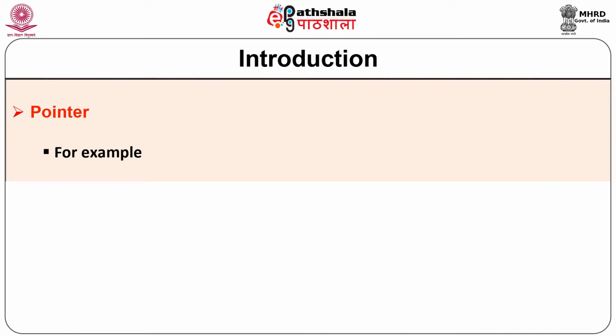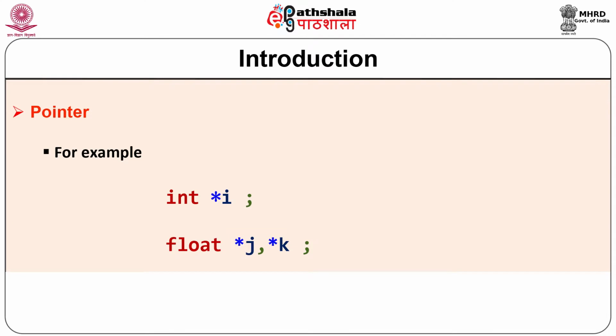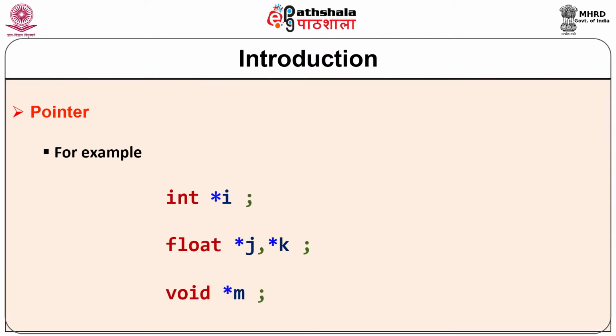You can see int *i, float *j, *k, void *m. In this example, you have 4 different pointers. The first pointer is an integer pointer, declared as int *i. After that, there are 2 pointers defined as float, pointer j and pointer k.